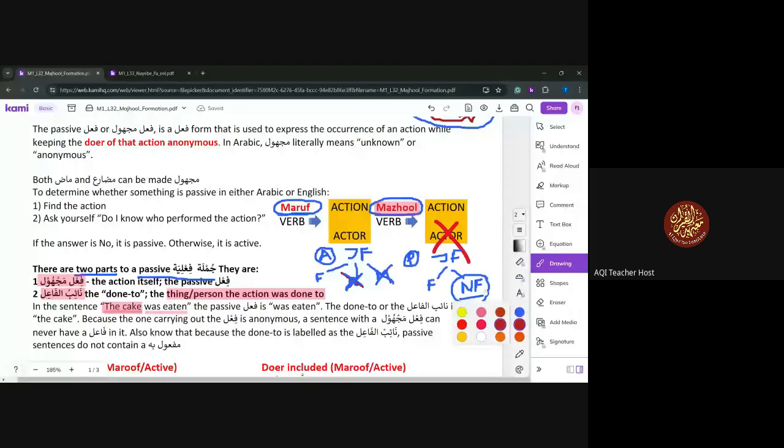Remember, maf'ul is always in mansub status, so it always takes a fatha. But whenever it converts into a passive sentence, that maf'ul changes its i'rab, its harakat, to dhamma. This new ism with a dhamma ending is called Nayebe fa'il. We will see some examples below, and it will be clear now.